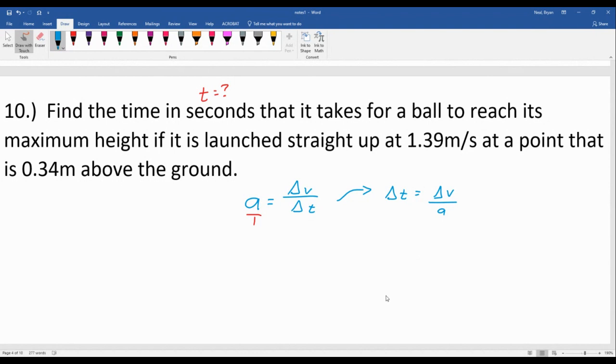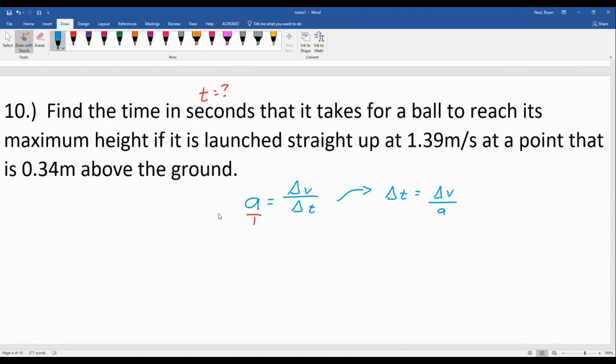All right? And so let's think about this. We know when a ball reaches its maximum height, whether it's a football, volleyball, basketball, baseball, golf ball, anything, it will go up in the air, and then for just a tiny fraction of a second, an immeasurably short period of time, it will almost seem like it pauses for just a second and then it comes back down.